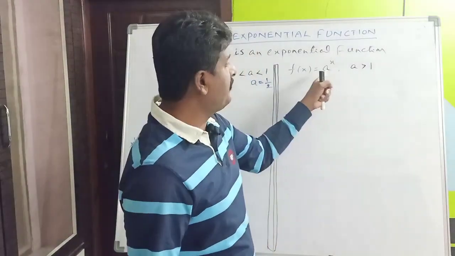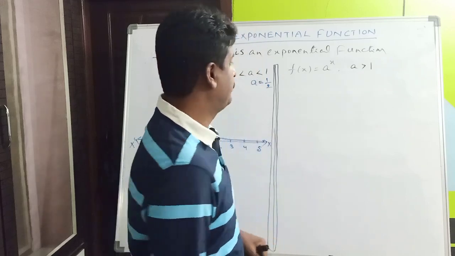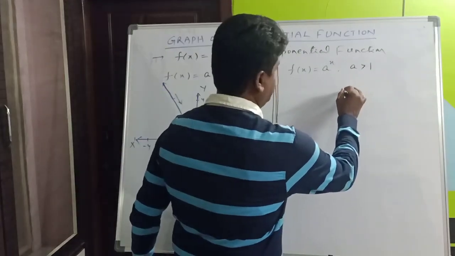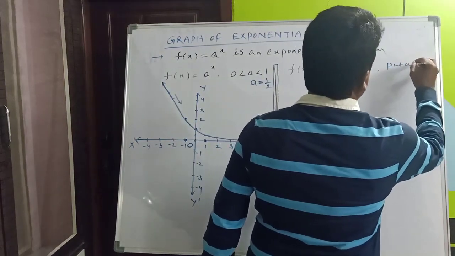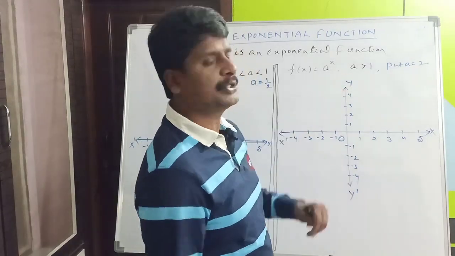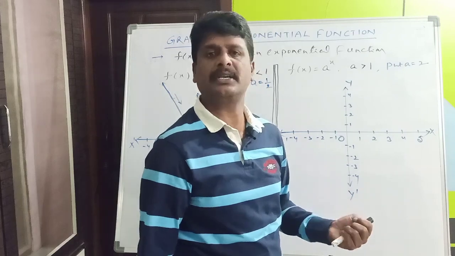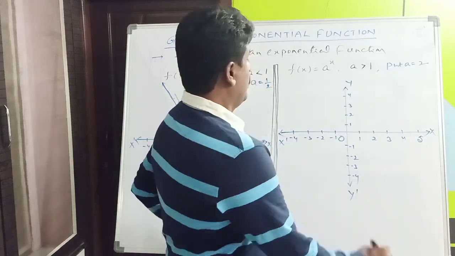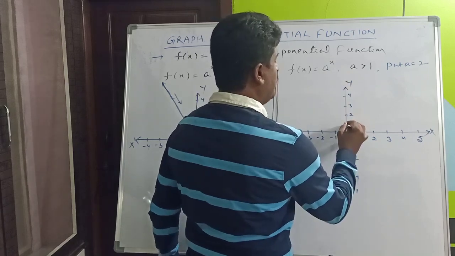Now f of x is equal to a power x where a is greater than 1. In this case, a value is greater than 1, so assume a is equal to 2. Then the function becomes f of x equal to 2 power x. For x equal to 0, 2 power 0 becomes 1.